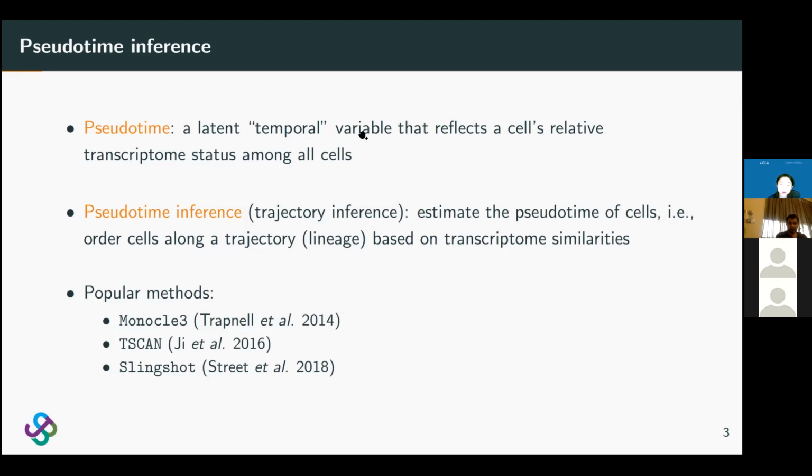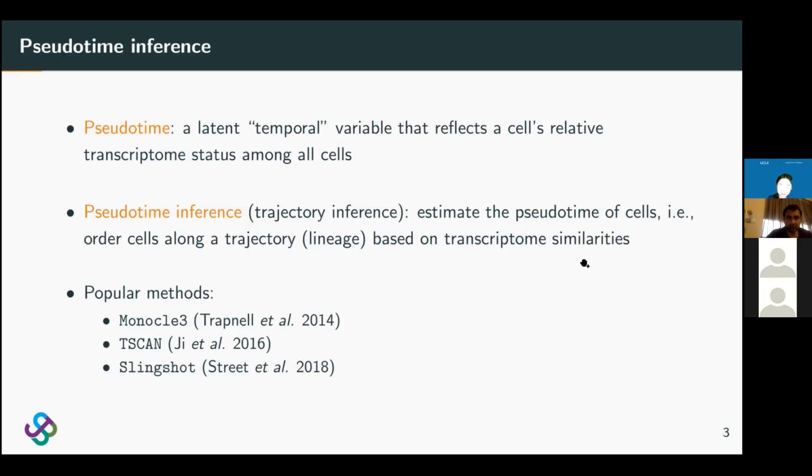So this variable gives one cell a value, and it's usually normalized between 0 and 1. 0 means the least developed cell, and 1 means the most developed cell. So it's a way to reflect a cell's relative transcriptome status among all cells. In other words, pseudotime inference is trying to order cells along a trajectory or a lineage based on transcriptome similarities.